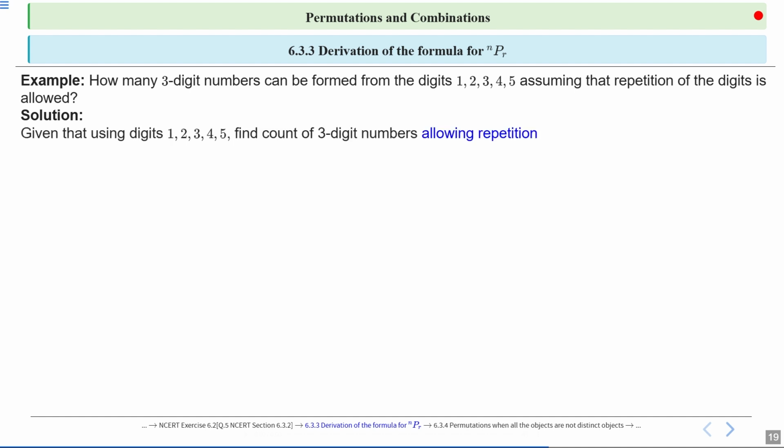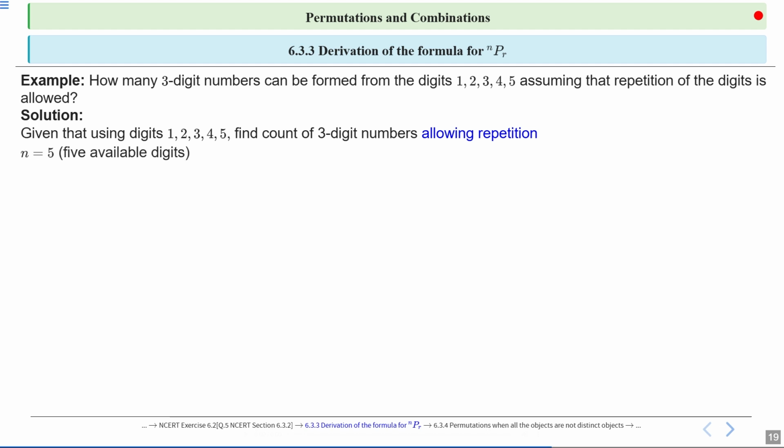First, let's see what is given. In this example we are given the digits 1, 2, 3, 4, 5, and we have to find the number of three digit numbers formed from these digits, assuming repetition of the digits is allowed.